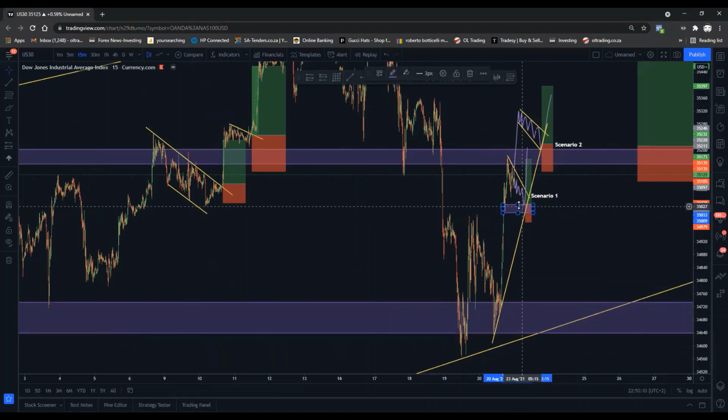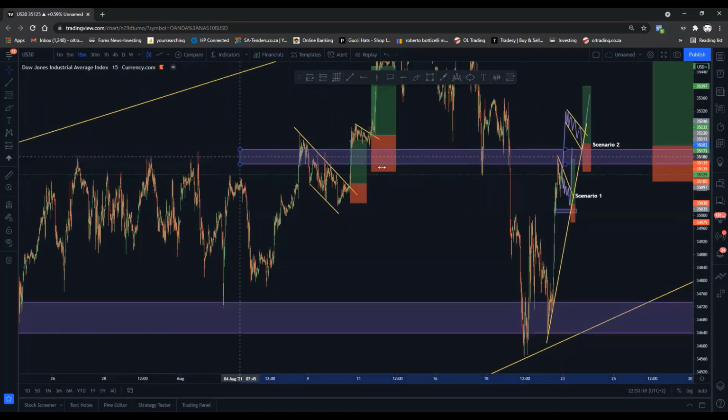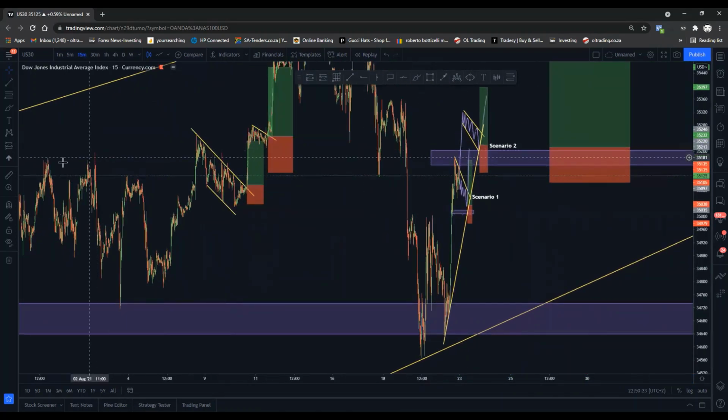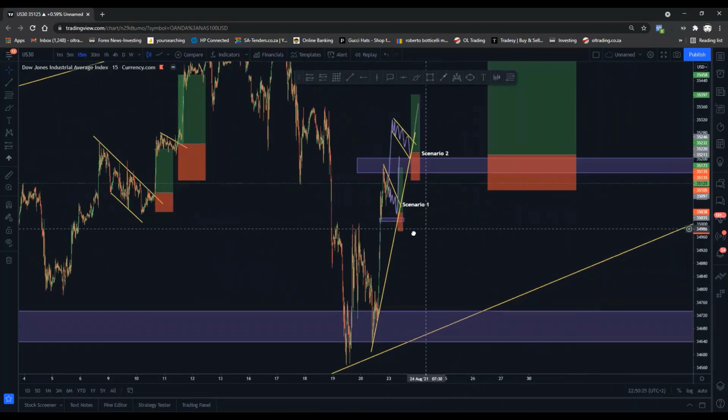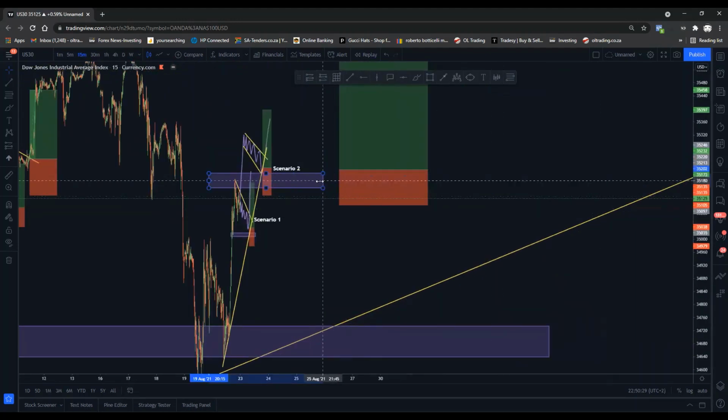So I just have my significant zone here. And then this one will be the next zone, because I know it goes all the way there. So I don't like to keep my zones big and clustered all around my chart.